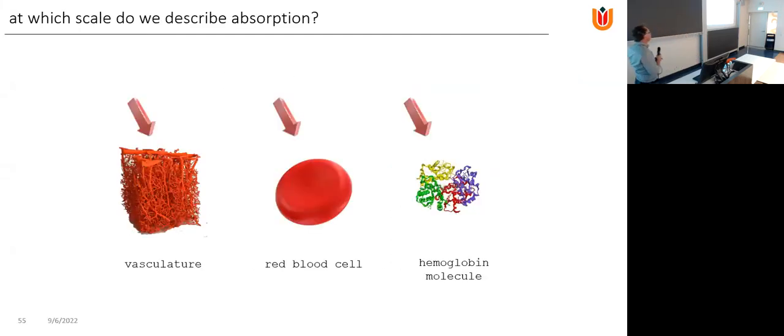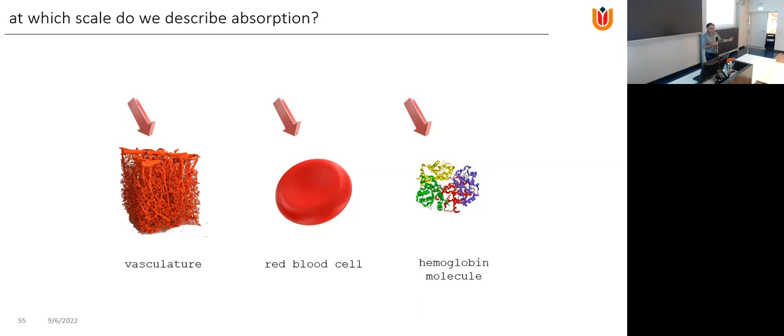So one question, if we want to tackle this problem, is that we have to decide at which level we are going to describe this absorption process. So we can describe it in terms of the whole vasculature. That would mean, for example, we would illuminate a large piece of tissue and we would collect light from all kinds of angles.